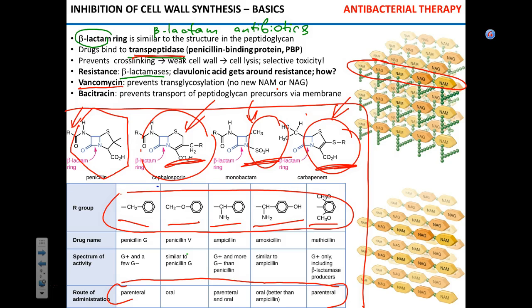And bacitracin, it's a natural antibiotic isolated from one of the bacillus species. It prevents the transport of molecules that serve as precursors for glycans via the cell membrane. So it inhibits the transport. So you cannot deliver the building blocks to the cell wall. Does that make sense?